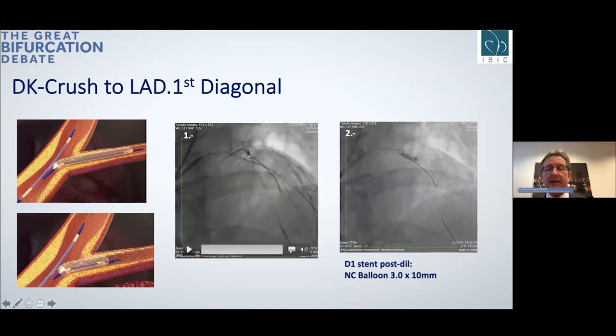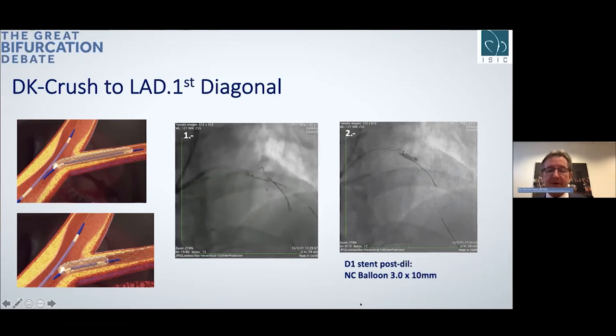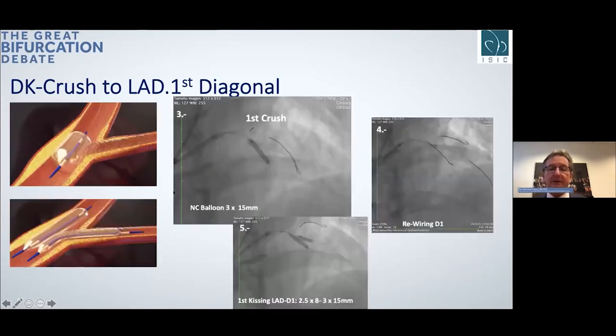This is already a mini crush here, only 2 millimeters protrusion into the main branch. A stent in the side branch was implanted, then the first crush. And if we go forward, you see then rewiring.